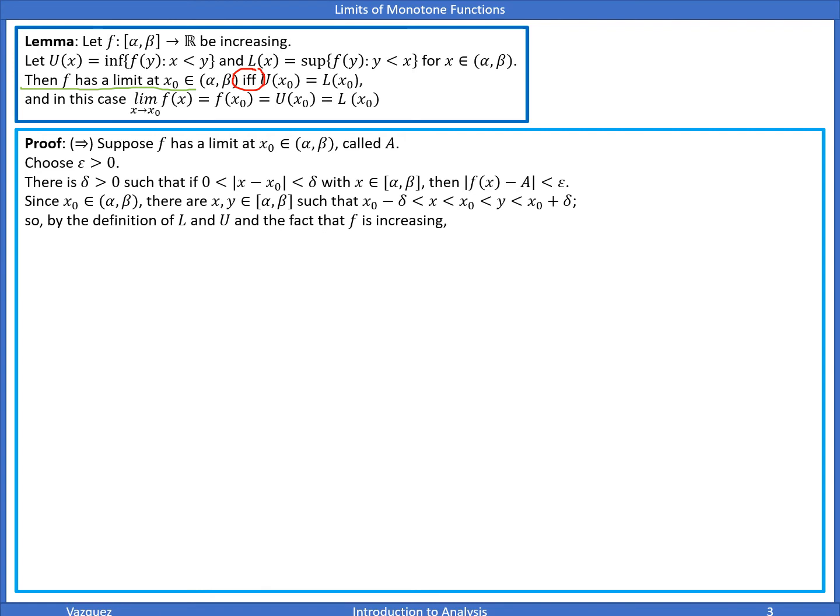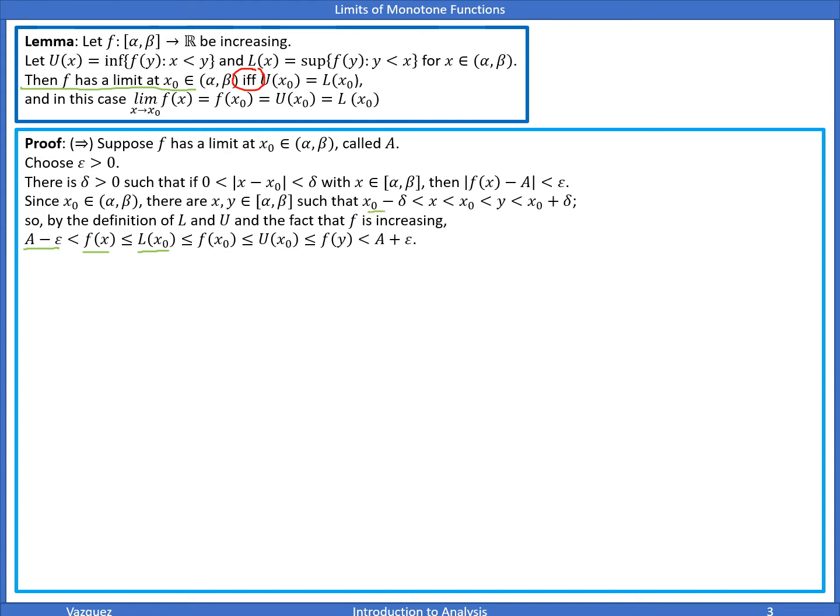So by definition of L and U, and the fact that f is increasing, what can we say? Well, that the values a minus epsilon is less than f of x, which is less than or equal to L of x naught. We're wedging those points in.